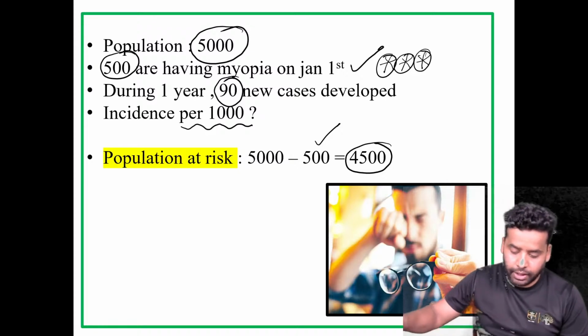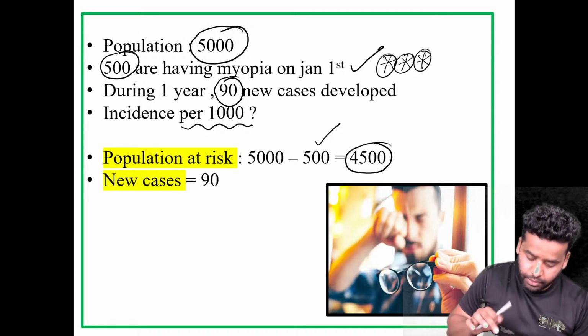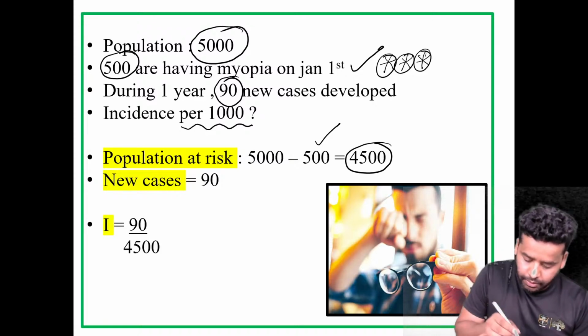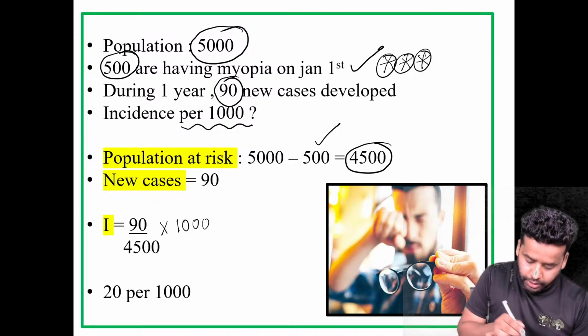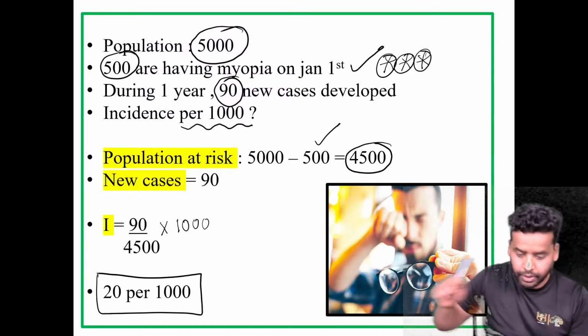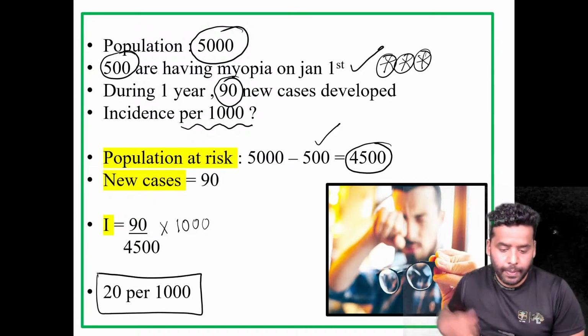Within 4500, 90. Multiply with 1000. How much are you getting? 20 per 1000.